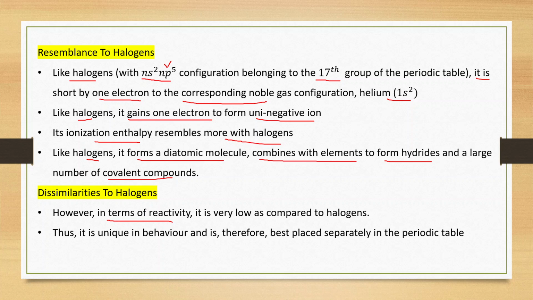In terms of reactivity, it is very low compared to halogens. Halogens are the most reactive non-metals, but the reactivity of hydrogen is low as compared to halogens. In this way, we can say it is unique in behavior and is therefore best placed separately in the periodic table.